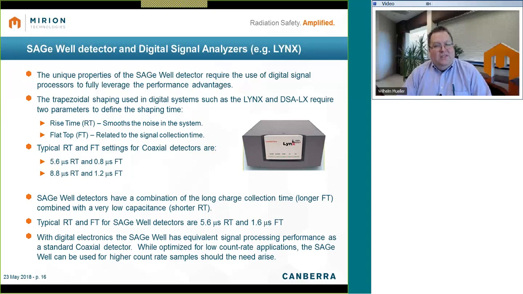What this means is that if you have a higher activity system, you're not going to have any sacrifice in count rate performance when compared to other germanium detectors. So one has a very similar performance with the Sagewell.